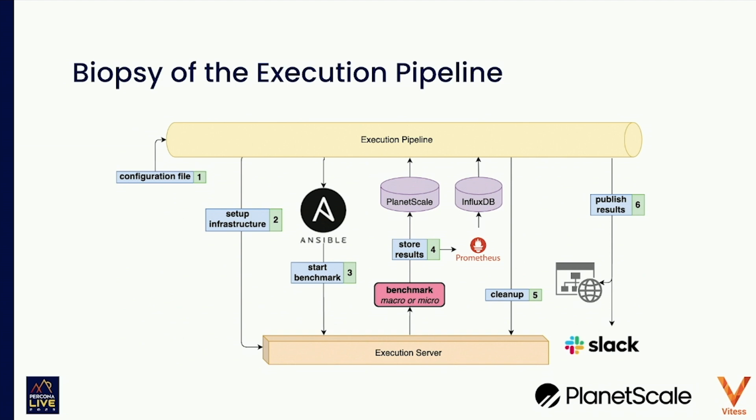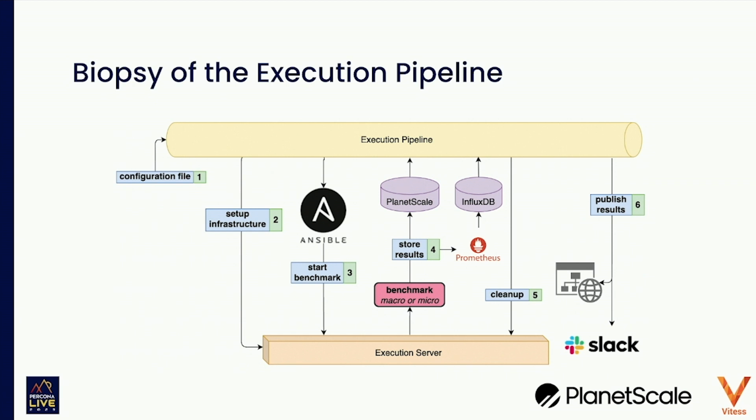And then we install everything that we need, all the packages. We install Vitess. We set up a Vitess cluster so we can send queries to it. We install basically everything that we need. Third step is to actually start the benchmark. And that graph is actually showing wrong, but basically steps 2 and 3 are being done with Ansible. So yeah, we start the benchmark. The benchmark will begin.